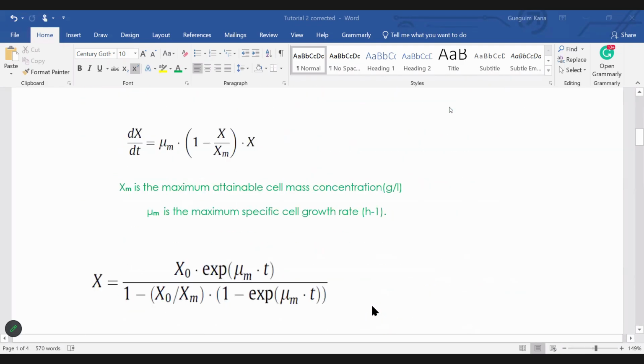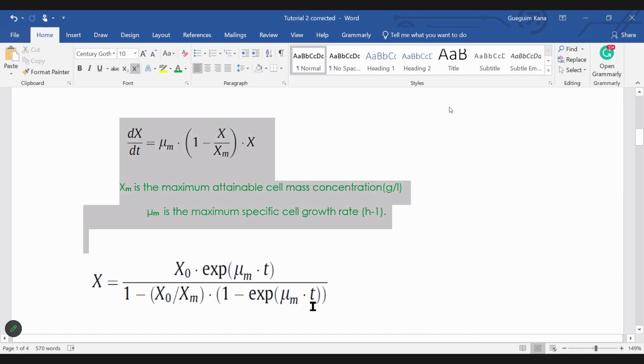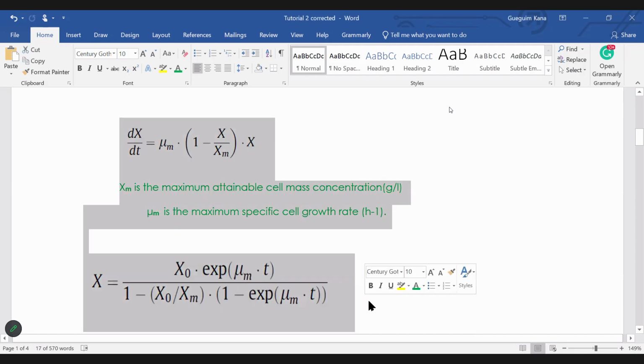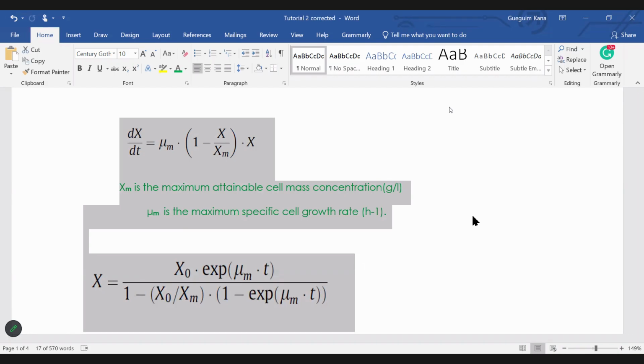And the logistic model that you can use to further illustrate that is the one here, okay? I'll use the logistic model here to illustrate that when resources are limited, which is a typical case, cells cannot grow exponentially, they cannot grow indefinitely, and they have to enter a deceleration and a stationary phase. And that's expressed by the mathematical equation here.